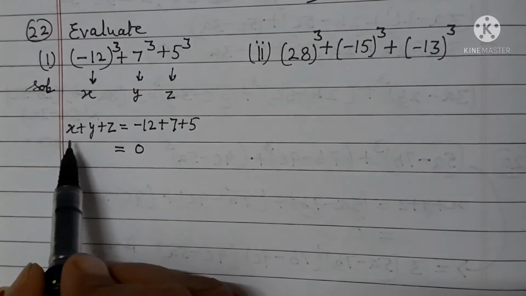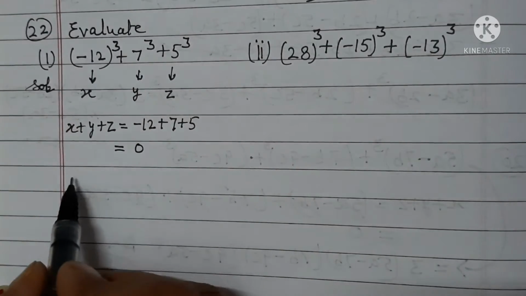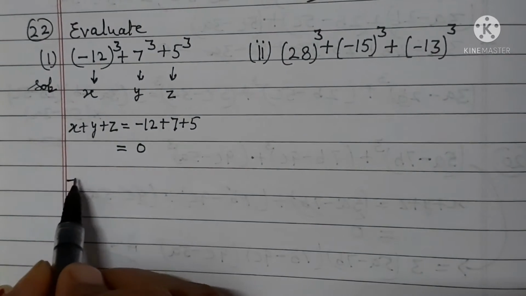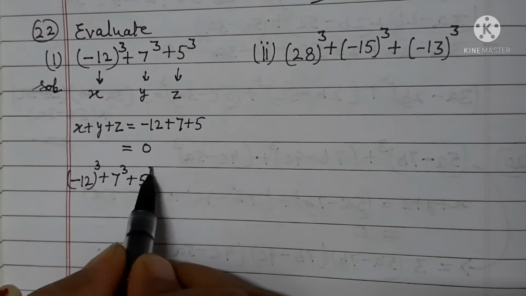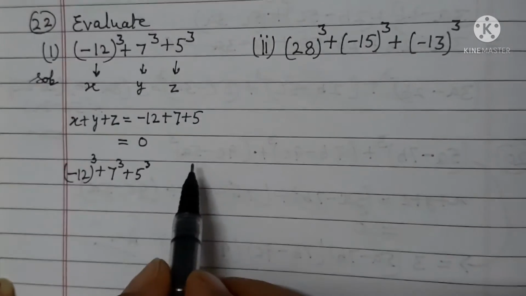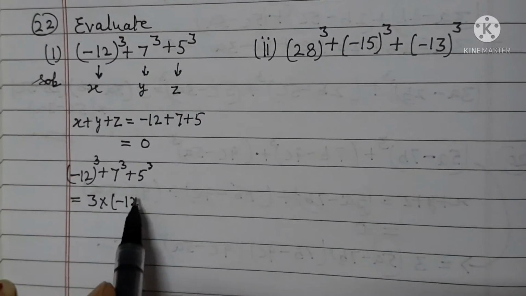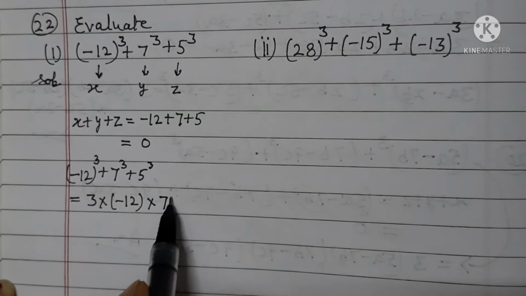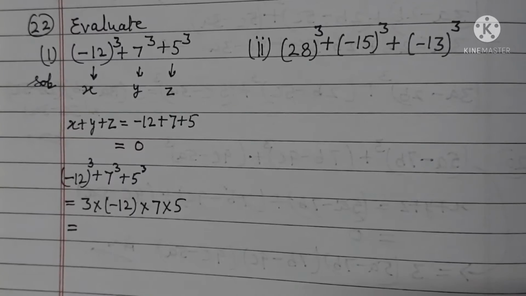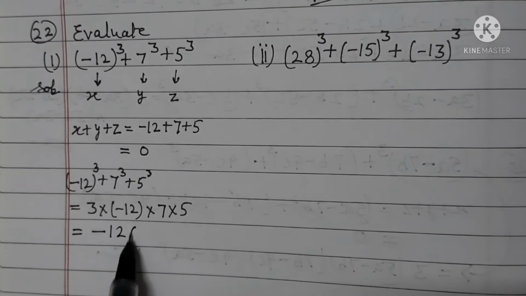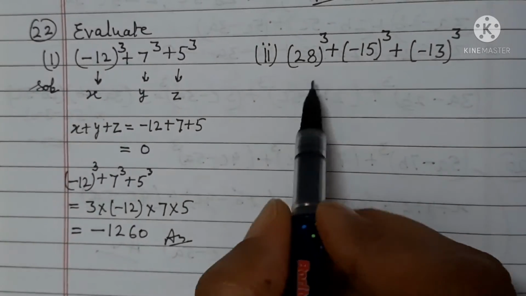It means if x plus y plus z is equal to 0, then x cube plus y cube plus z cube, meaning minus 12 cube plus 7 cube plus 5 cube, is equal to 3xyz, which is 3 into minus 12 into 7 into 5. We get the answer minus 1260.